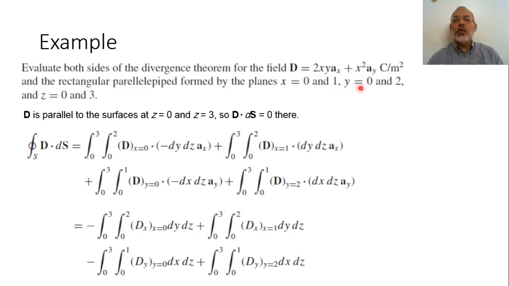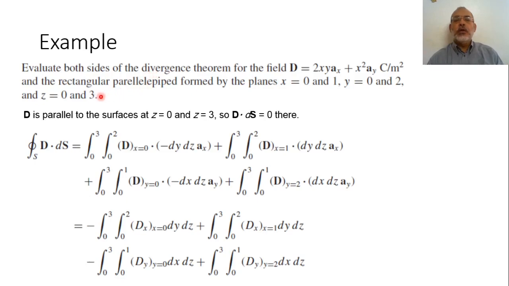So the face y equals 0 corresponds to dx dz in the negative y direction, and the limit of integration would be x from 0 to 1 and z from 0 to 3. Similarly, the plane y equals 2 would be dx dz, and the normal would be in the y direction, ay. The limit of integration would be from 0 to 1 in x and from 0 to 3 in z. And the value of y here is 2, the value of y there is 0.